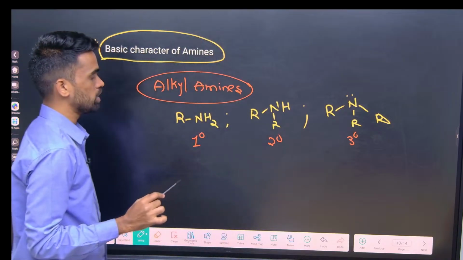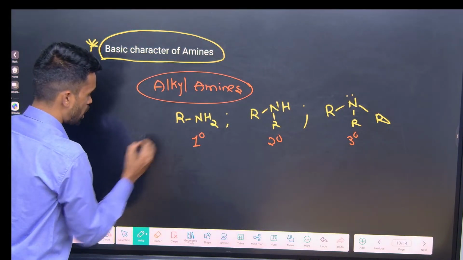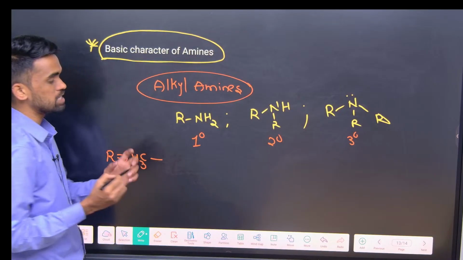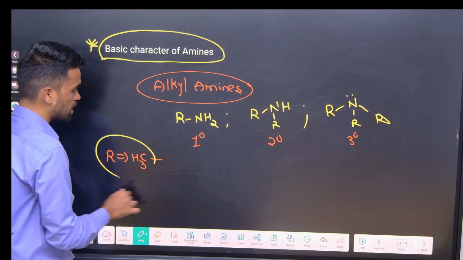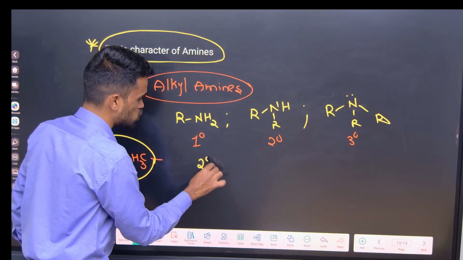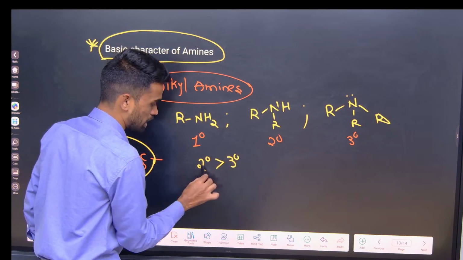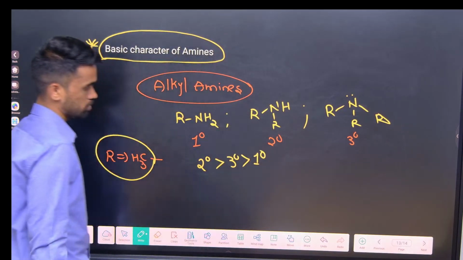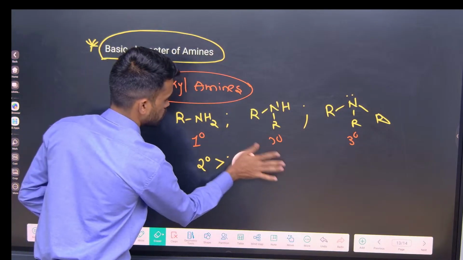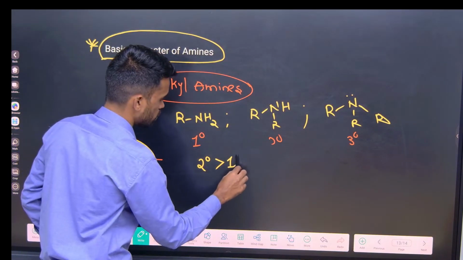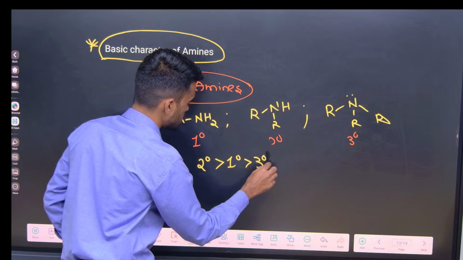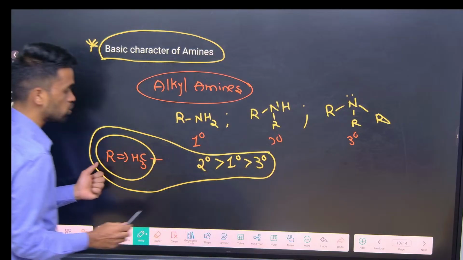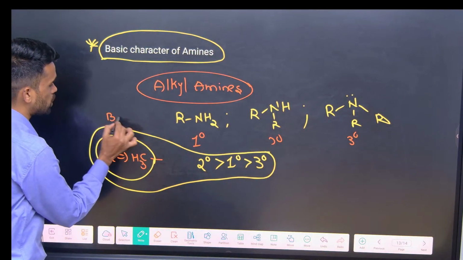The next thing I am doing is taking one example. If R is methyl, what happens? When R is a methyl group, the basic nature order will be secondary more basic, then tertiary, and least is primary. Sorry, 2, 1, 3... so when alkyl group is a methyl group, this will be the basic nature order.